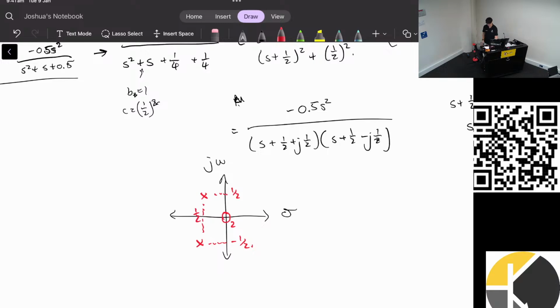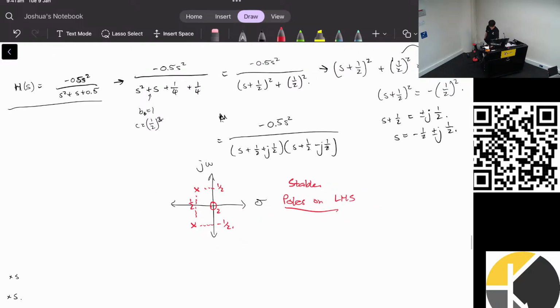Cool. So is this system stable? Yeah, it is, because both of our poles are on the left-hand side. So stable. Poles on left-hand side. Great.